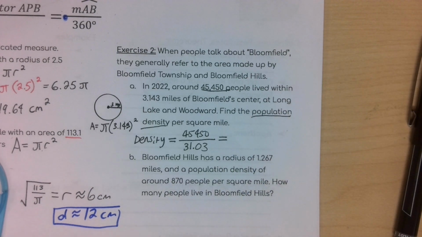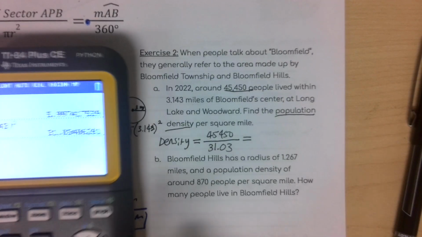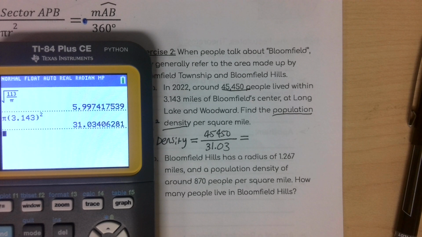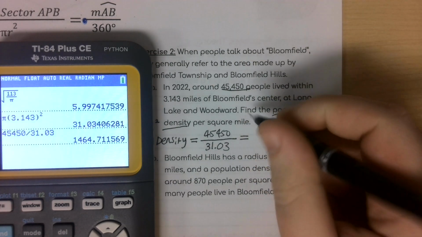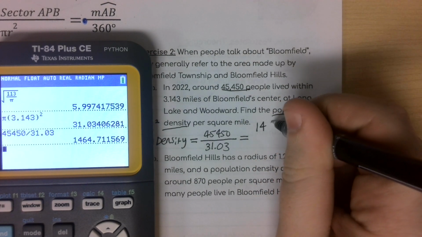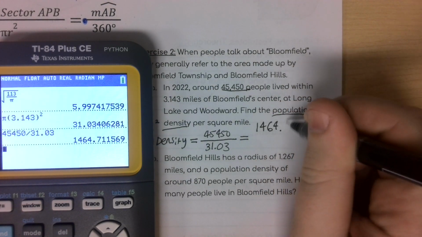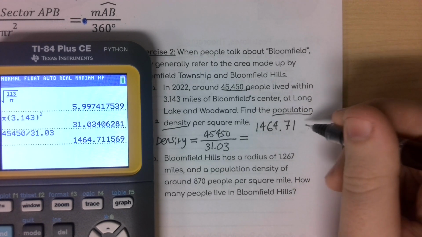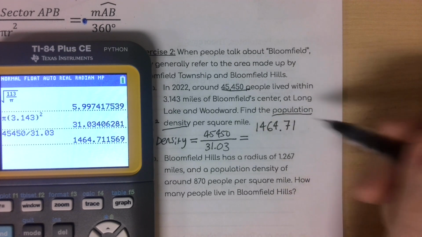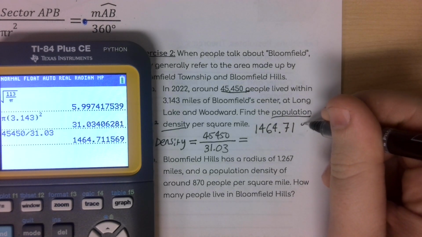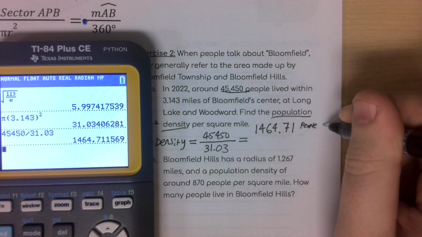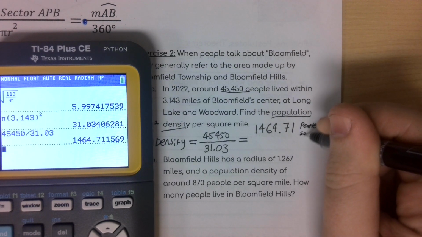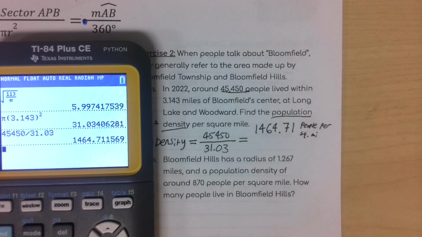That means we can figure out exactly what the population density of Bloomfield is. Take your number of people, divide it by the area, and we get 1,464.71 people per square mile in Bloomfield.